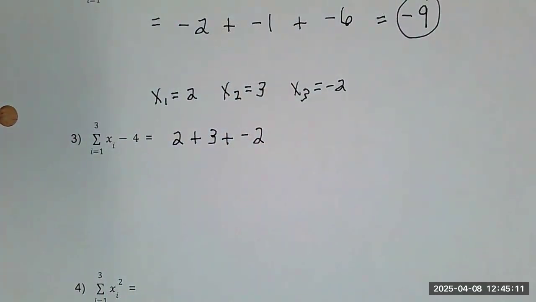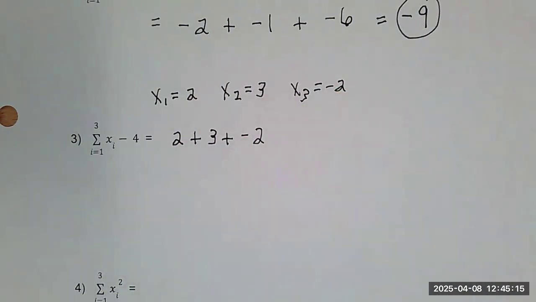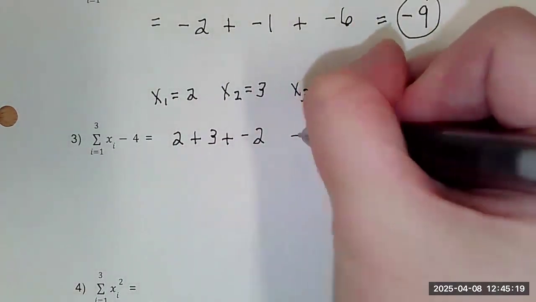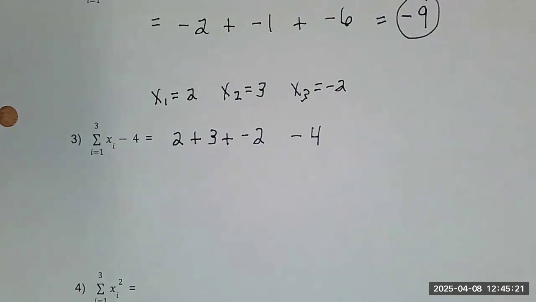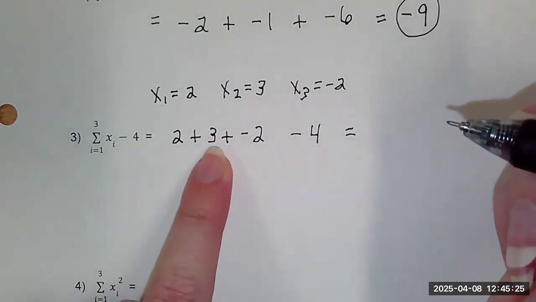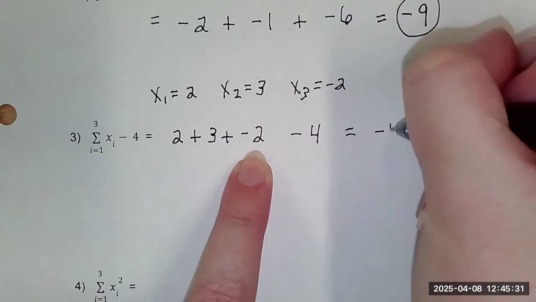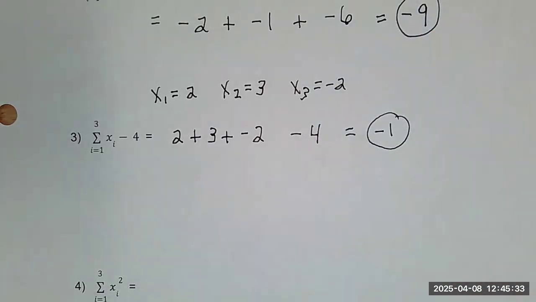Those are the x values. I took the 2, I took the 3, I took the -2. We're going to add those up, and then at the end, I'm going to subtract 4. So 5 minus 2 is just 3. And 3 minus 4 would be -1.